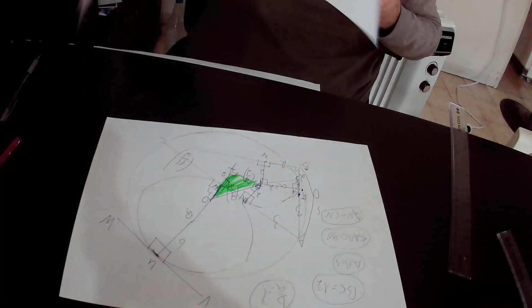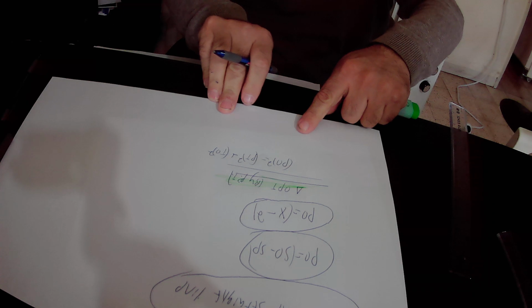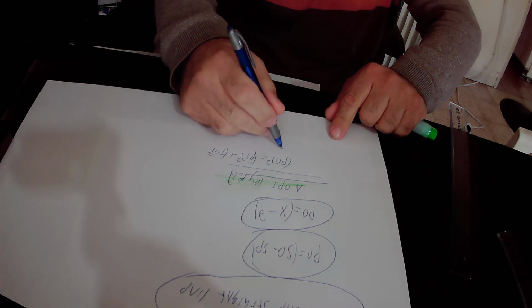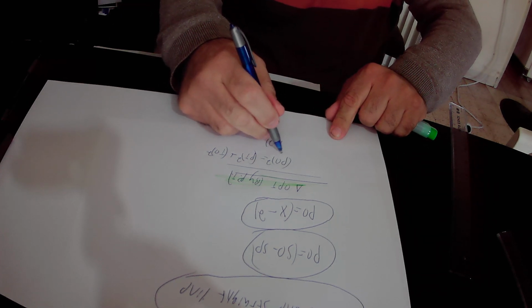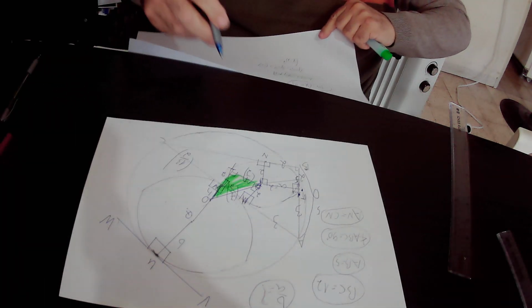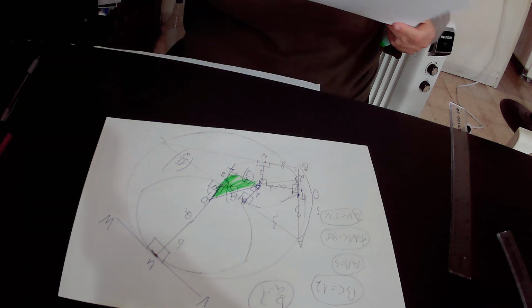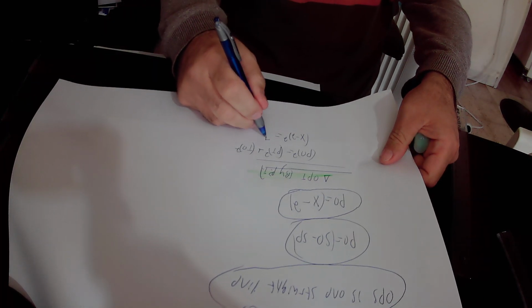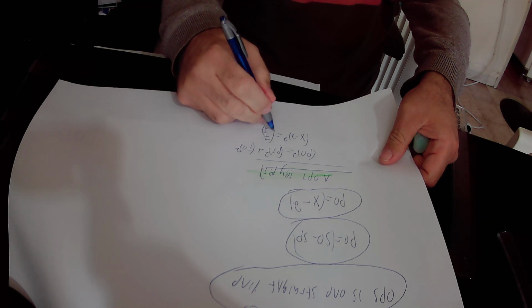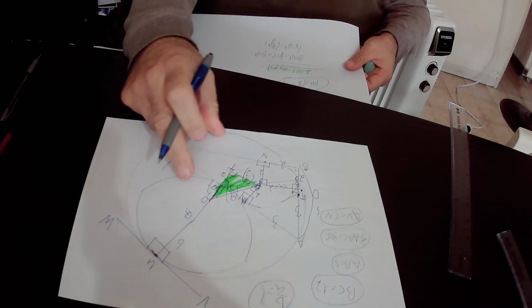We have already found out that PO equals x minus 2, therefore PO squared must be equal to (x minus 2) squared. And it is equal to PT squared. PT is 7 over 2, therefore PT squared is (7 over 2) squared, plus TO squared.